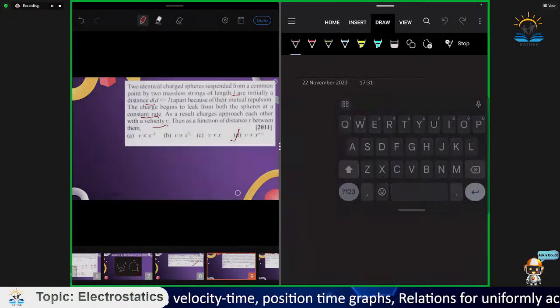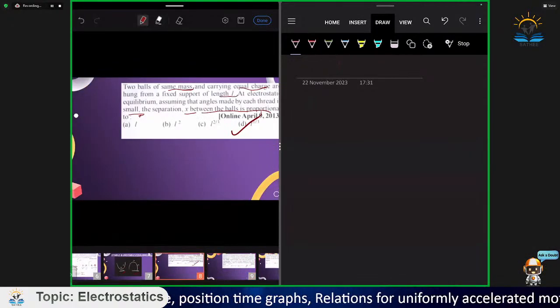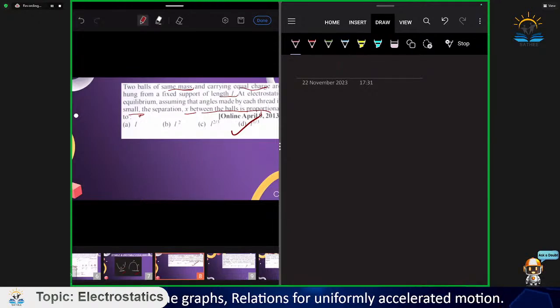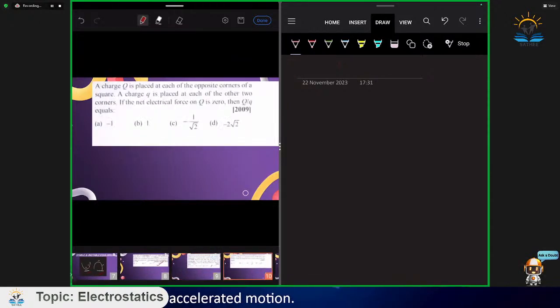Same question, but in the earlier question it asked the relation between x and the length of the thread, while in this question it is the approaching velocity with the distance between charges. Easy. Next question.